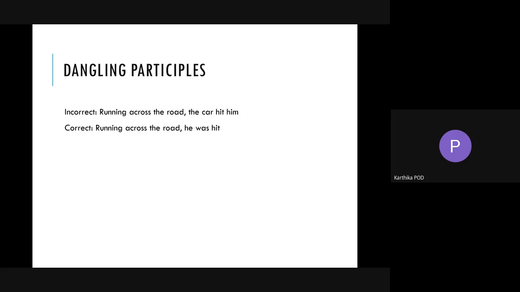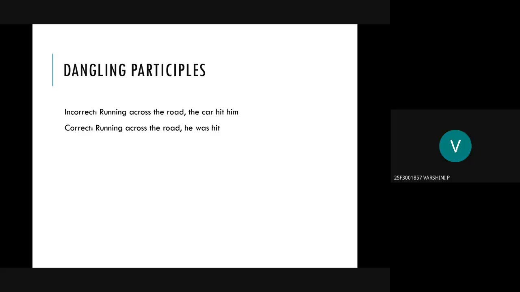Now, if you start a sentence with a participle, right? Running across the road, the car hit him. What is wrong about this? Can anyone look at this, read it a couple of times, and see if something stands out as odd? Or when I say this is incorrect, why do you think it is incorrect? It is incorrect because of the incorrect use of tense, I guess.